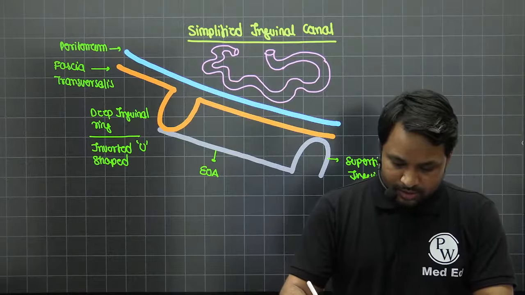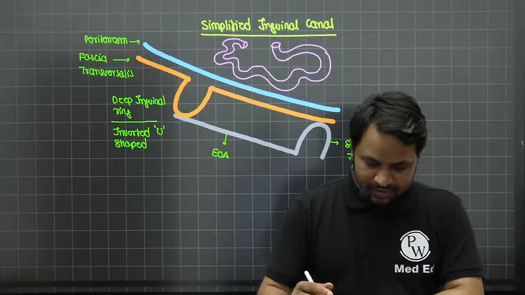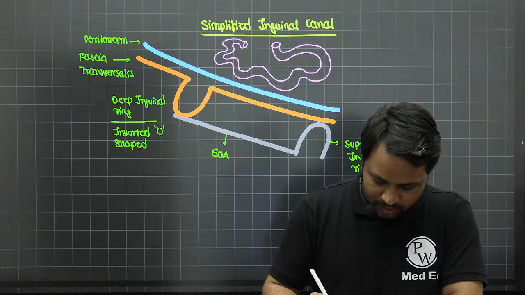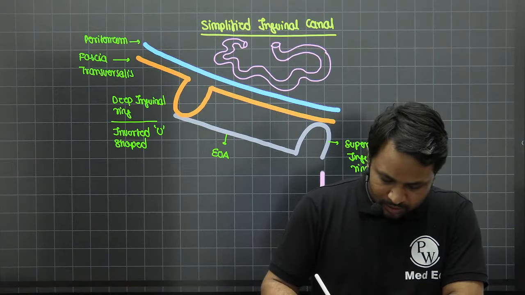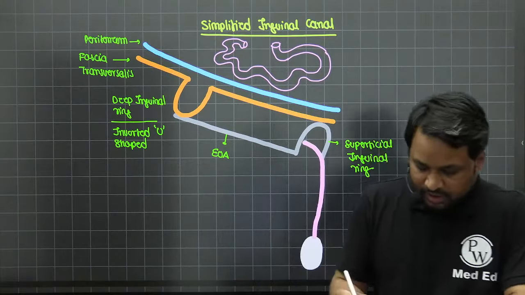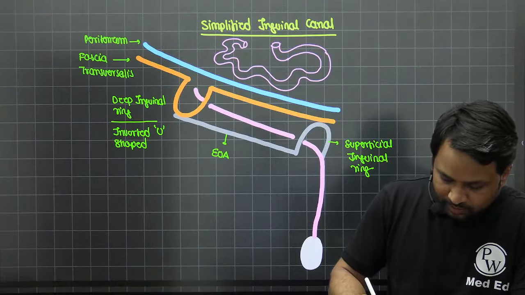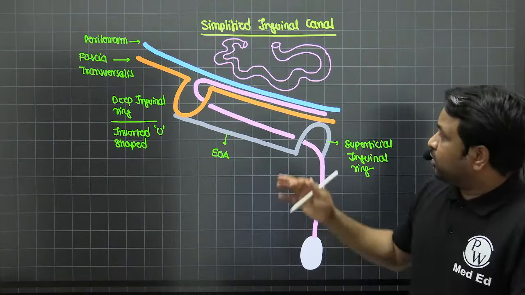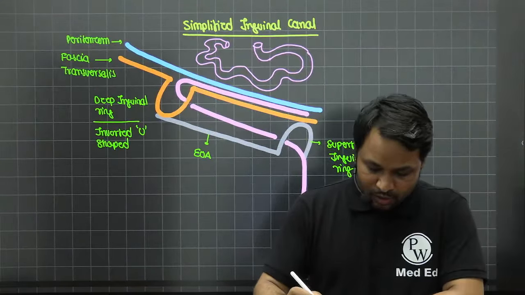Now, when you look at this, what is going to pass through this? Just for the sake of understanding, let's say this is the testis, right? You will notice the vas deferens will arise from the testis. It will go into the superficial inguinal ring. It will go into the inguinal canal. It will exit the deep inguinal ring, take an immediate U-turn, and flow between the peritoneum and the fascia transversalis. Where is it going to go?